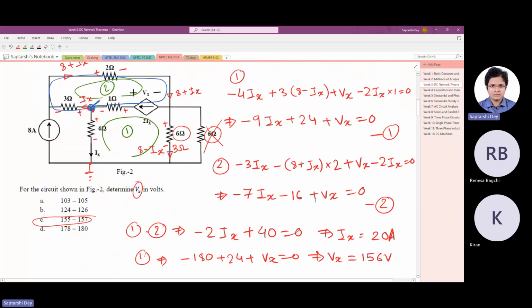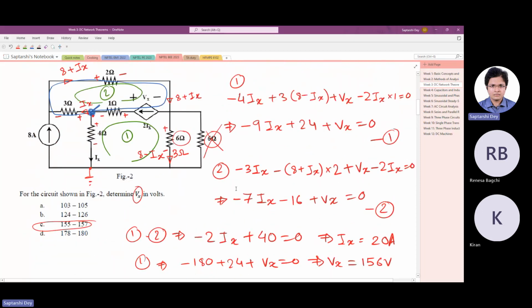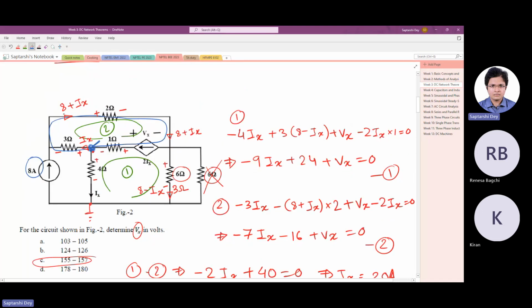You see one thing here in this problem, in the way we have solved this, the 8 ampere source we did not use anywhere in our calculation. It means had it been 10 ampere, 12 ampere, whatever, our results would have been the same. No, we used here 8 plus Ix, sorry.